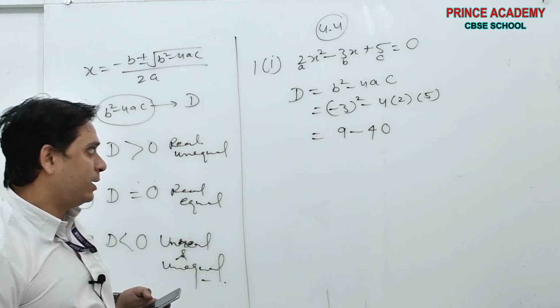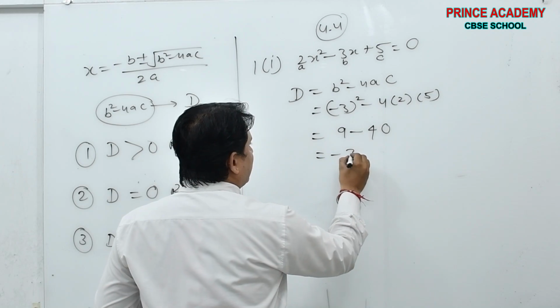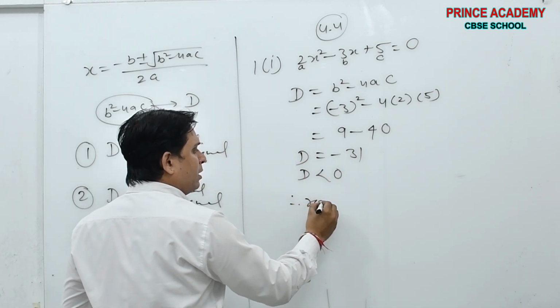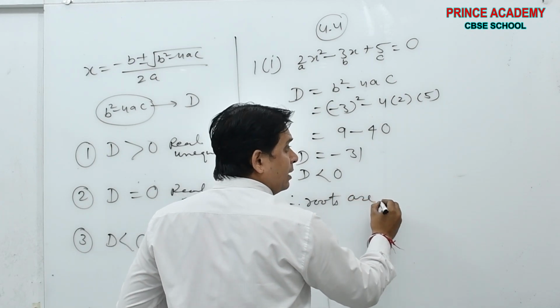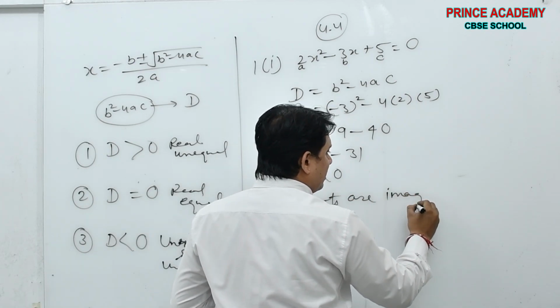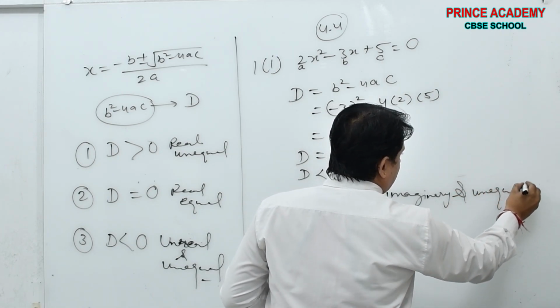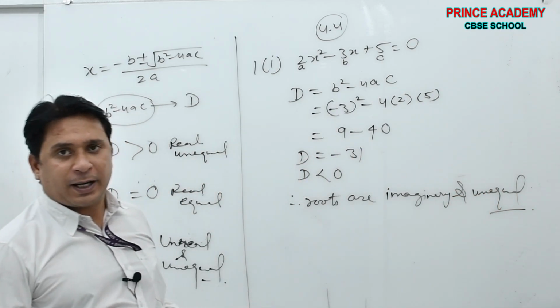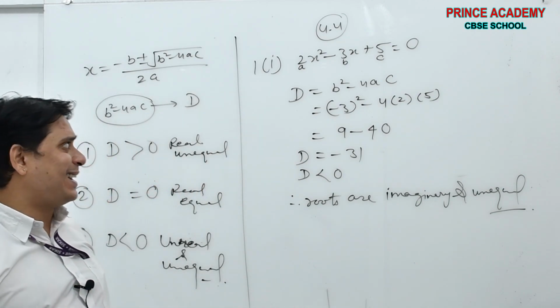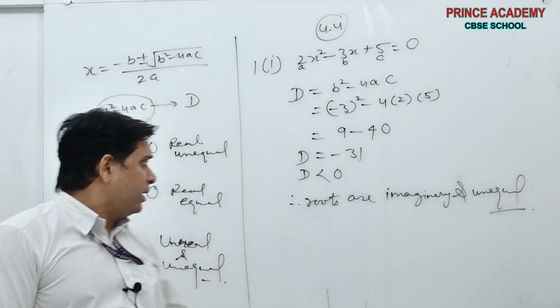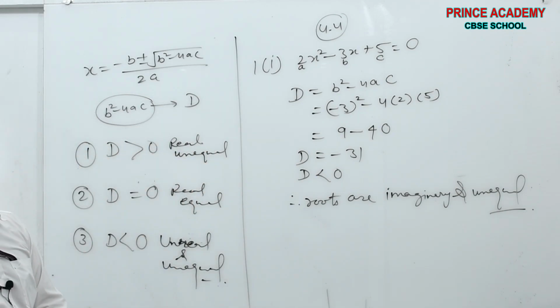Yes or no? Done beta. Minus 31. D is less than 0. Therefore, roots are imaginary and unequal. It is so simple, beta. That's why I did it fast, because in the last lecture we discussed all these criteria. This is the criteria we have to follow.